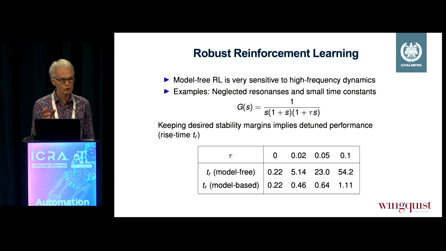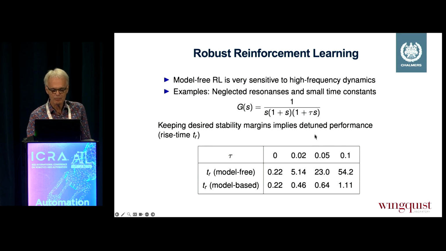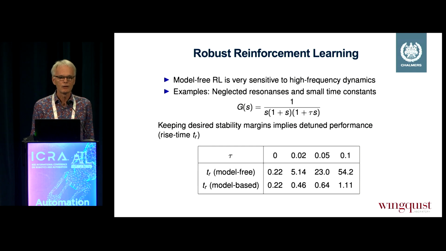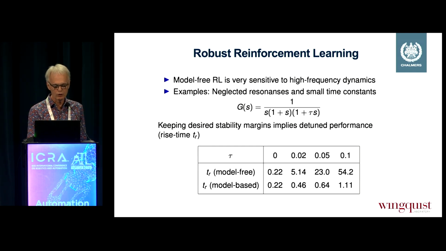One thing I have also realized during the last year is that this model-free reinforcement learning is extremely sensitive to very high-frequency neglected dynamics, like an additional time constant in this case, which could be very small, but still it influences the performance or the stability of this robot model-free reinforcement learning in a very surprising way. At least the model-based version is clearly better.